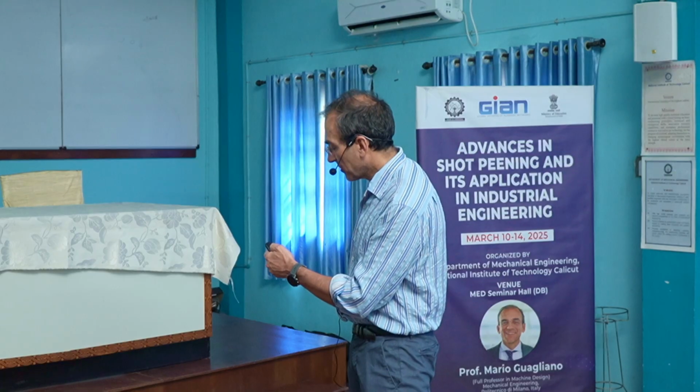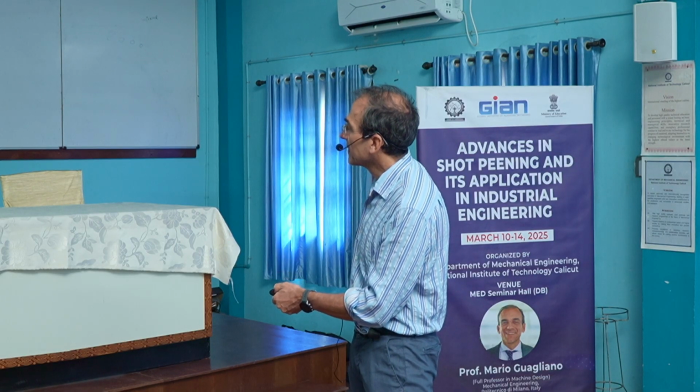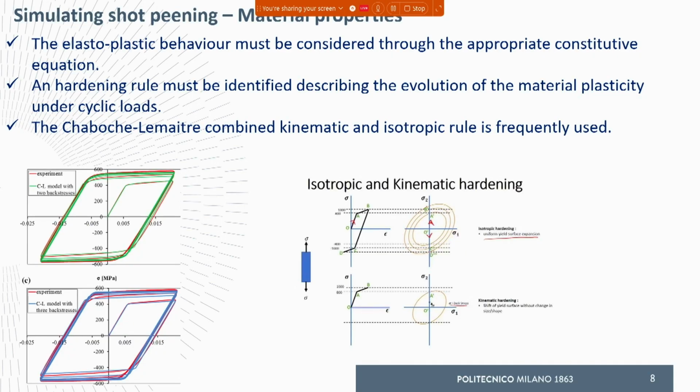What does it mean? If we unload the part and then we reload, the new yield stress won't be the initial one anymore, but will be the highest stress point that was reached in the previous cycle. This is the isotropic hardening rule.